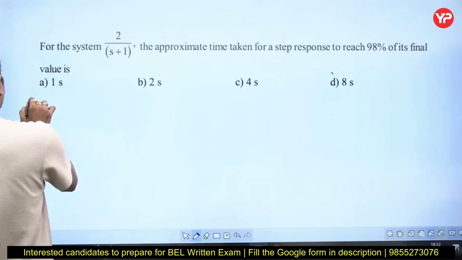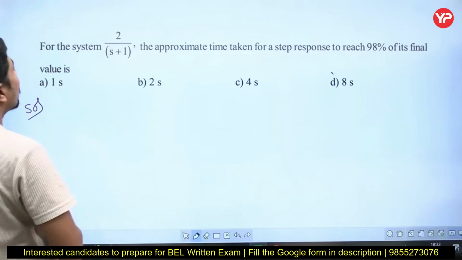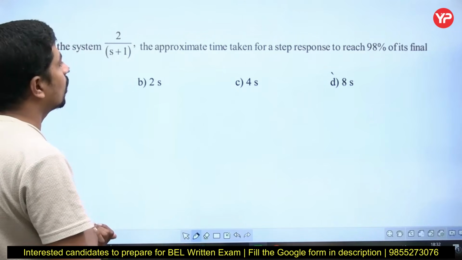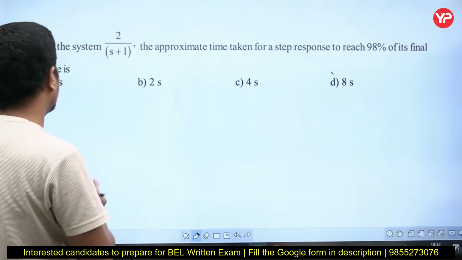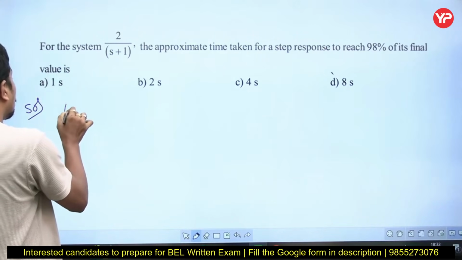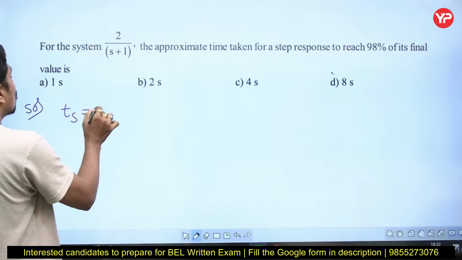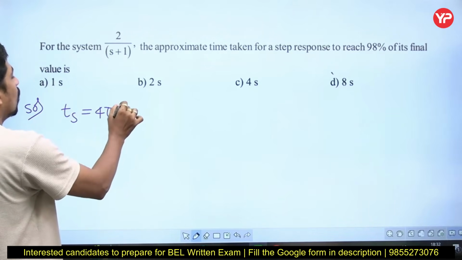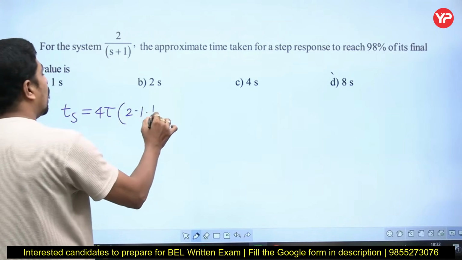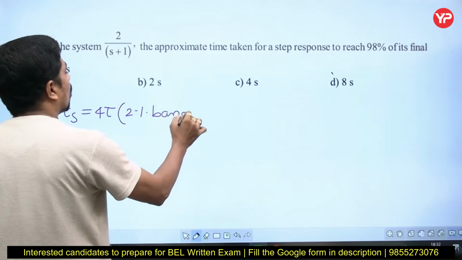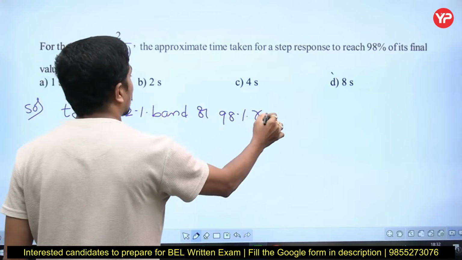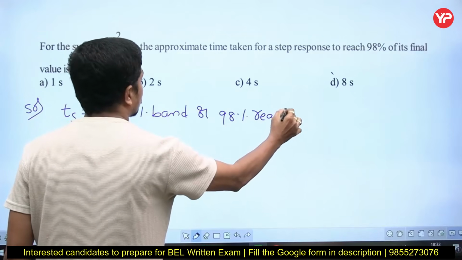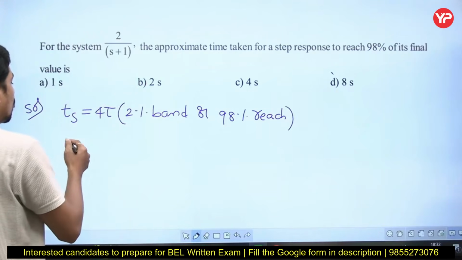For the system 2 by s plus 1, what is the approximate time taken for the step response to reach 98% of its final value? Just now we did this: 98% reaching means 2% is the band, so it is 4 tau. Both are the same.